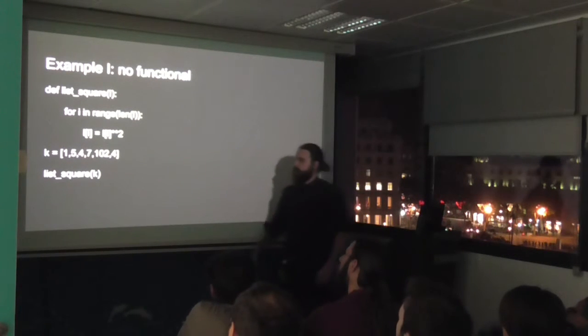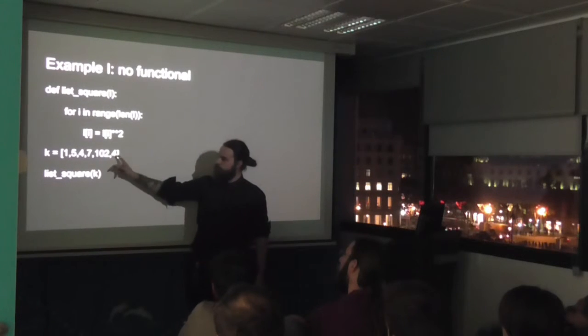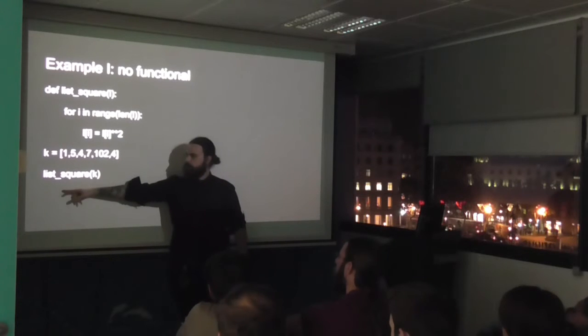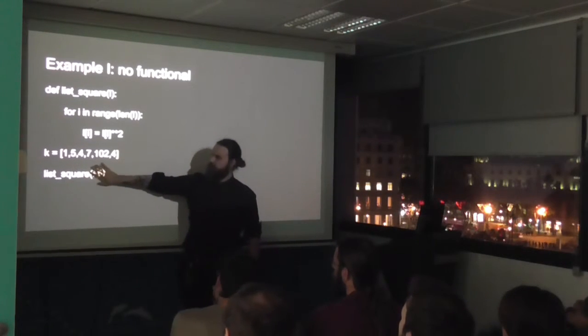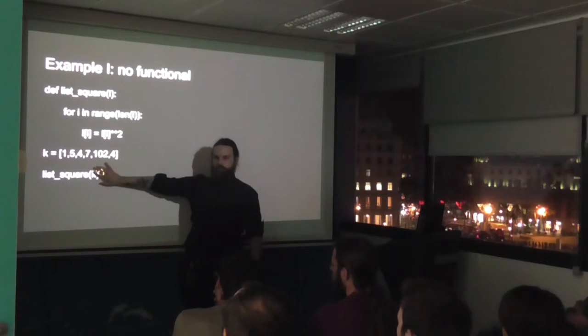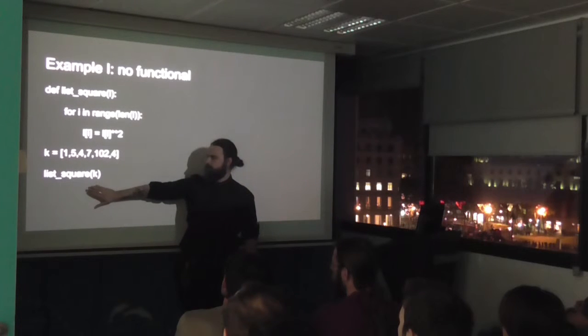Therefore, if we define this list and we execute this function, the value of this variable is going to change. So this function changes the state of the world, the past. K is no longer going to be the same.